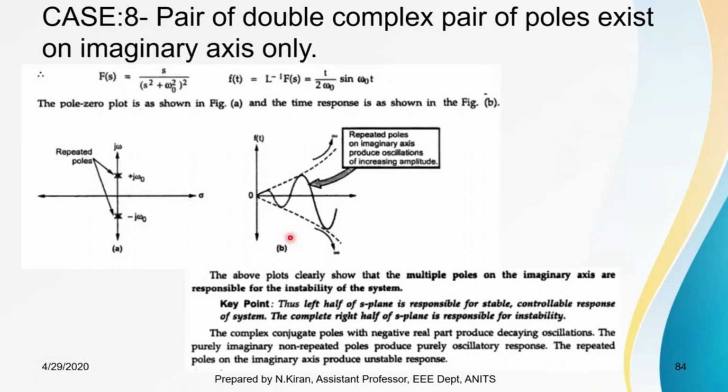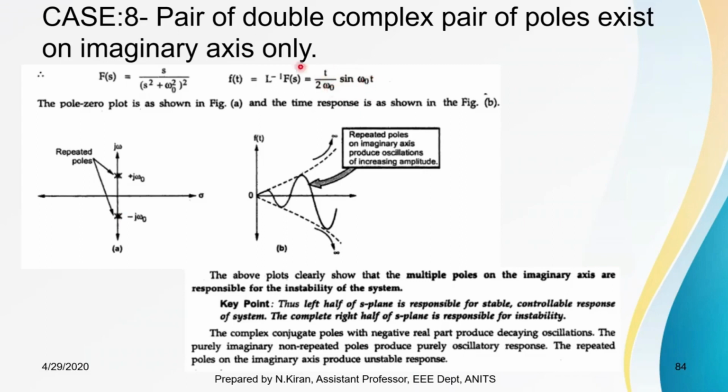So in the last case, if I have double pair complex poles on imaginary axis, that is in the form of s by (s square plus omega square) whole square. So if I have repeated complex pair of poles on imaginary axis, on applying inverse Laplace, as you can see, it has the function of sinusoidal in nature as well as of ramp function into t.